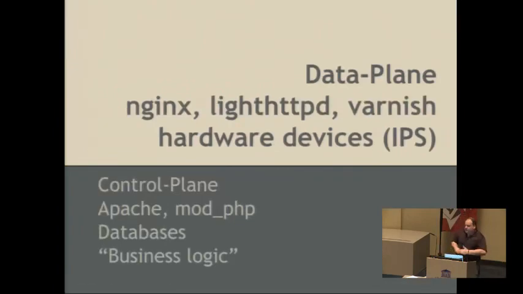So this comes to the title of my talk, is why I call it data plane. This was a concept first done back in the telecom era, starting back in the 1950s when you had manual operators who would have to take a wire from one location and plug it into another location in order to complete a phone call. And the operators were the control.